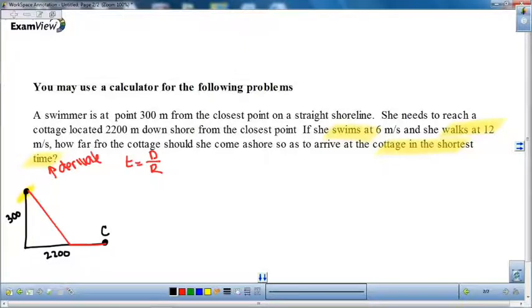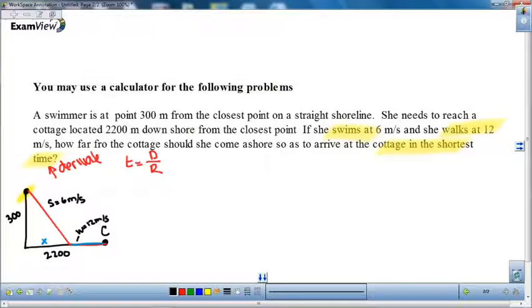It says that she swims at 6 miles per second, and she walks at 12 miles per second. So those are her rates. Now we need to find her time. Her distance, let's call this x.